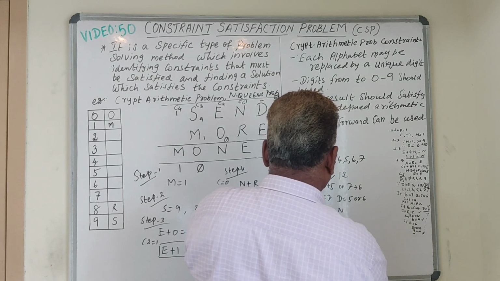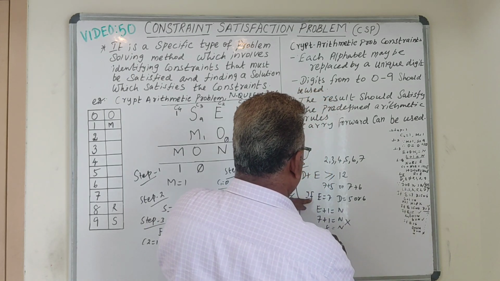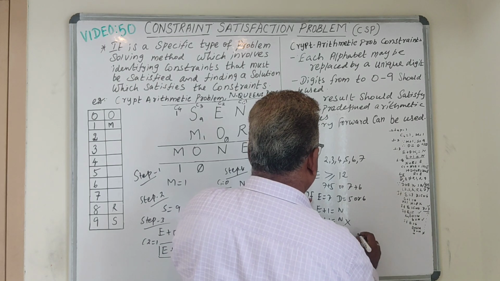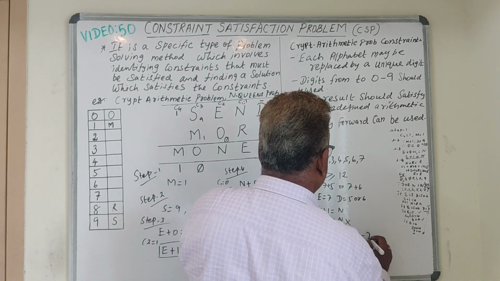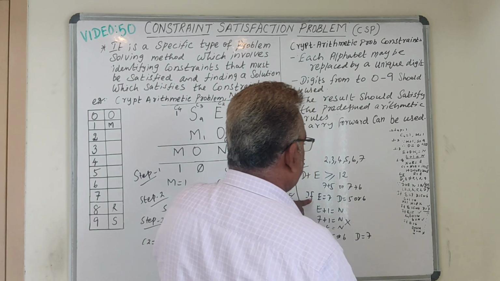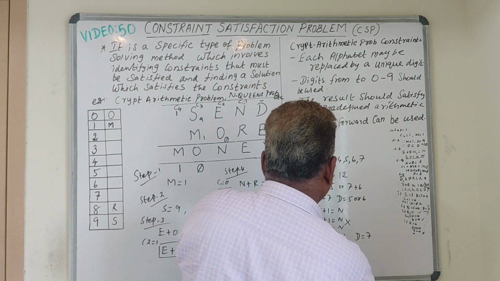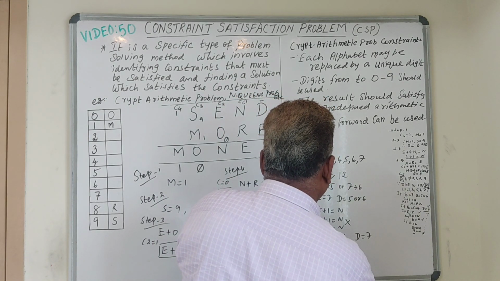Say for example, if E is equal to 5 or 6 and D is equal to 7. In this case, assign E is equal to 5.